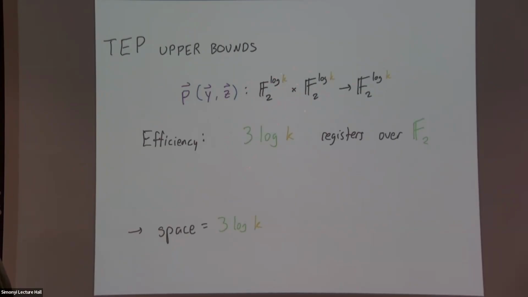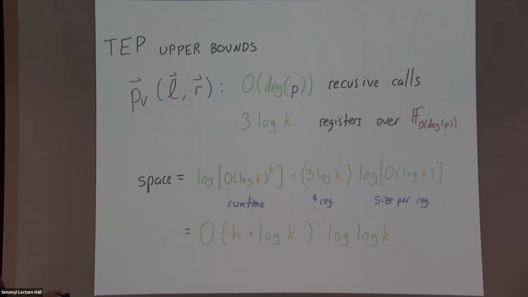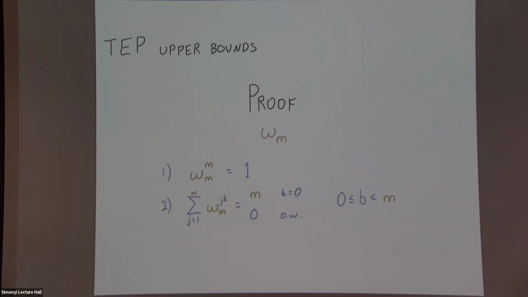Since these are over F2, x squared equals x. So the degree will never be bigger than about 2 log k. So that's where k squared comes from, because it's 2 to the 2 log k. And likewise here, this degree is 2 log k, so you get this inside. Is that fine? Cool.